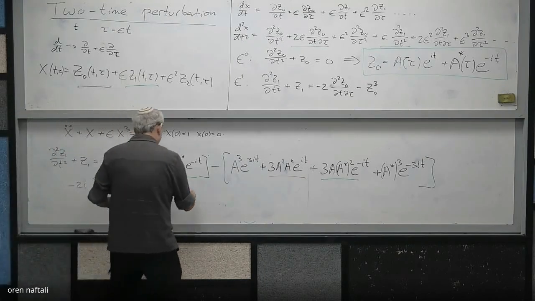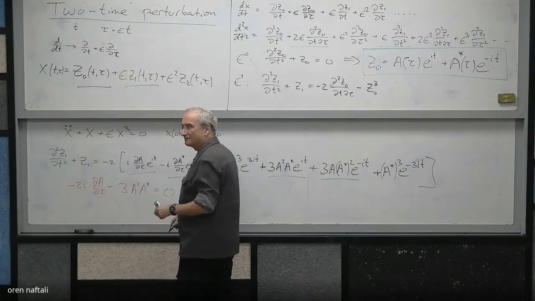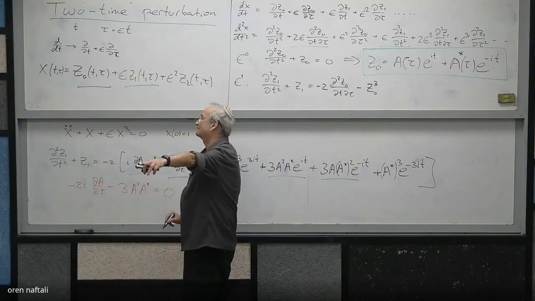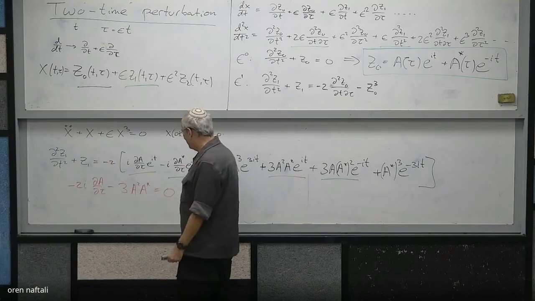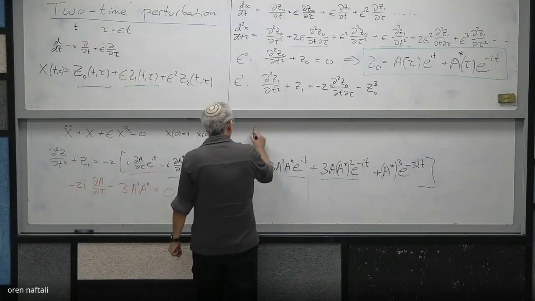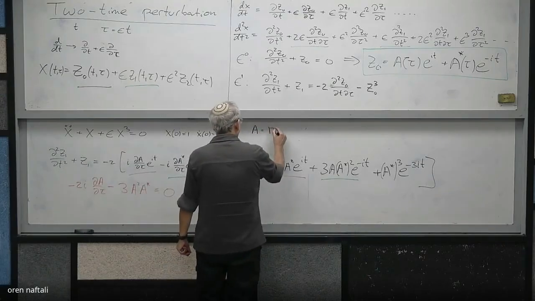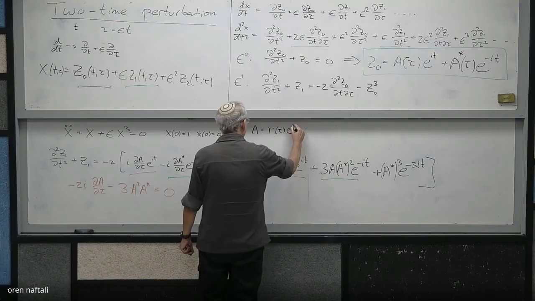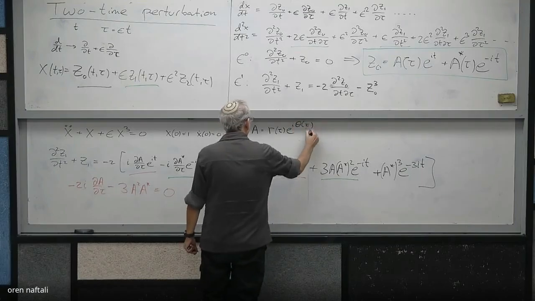Can we rewrite the term A in terms of R e to the i theta? Yes, that's the way. We are going to write A as R of tau e to the i theta of tau.